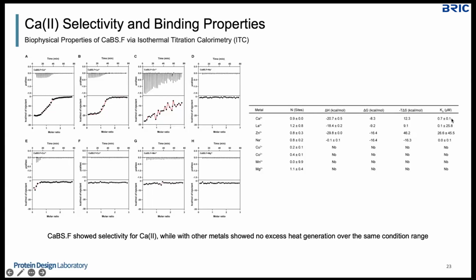The KD value is around 0.7 micromolar for calcium and 0.1 for lanthanum. Lanthanide, because of its size, is supposed to have a higher binding affinity than calcium, and this also validates our selectivity that was done with the absorbance for these metals.